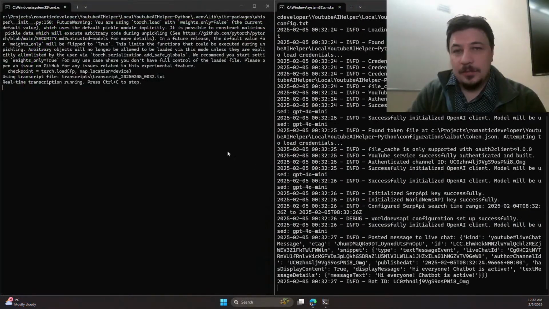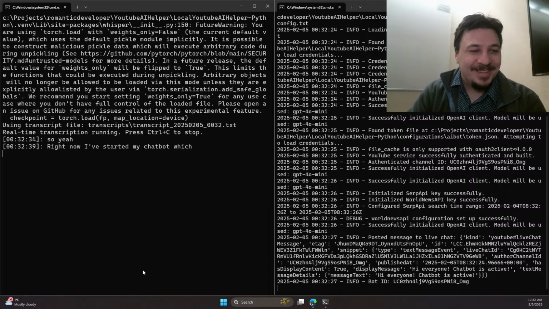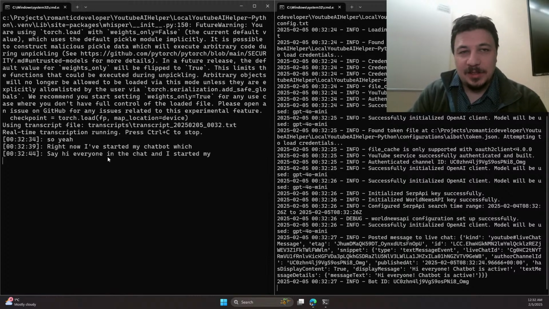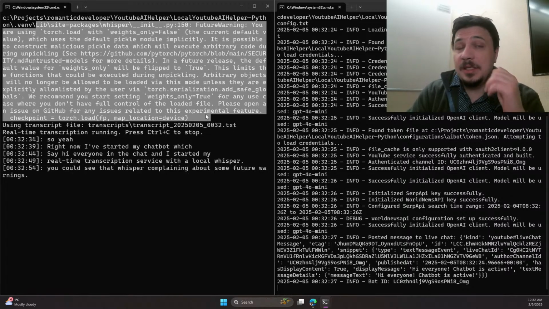So yeah, right now I've started my chatbot, which says hi everyone in the chat. And I've started my real-time transcription service with a local Whisper. So you could see that Whisper complaining about some future warnings. It's still using only my CPU.